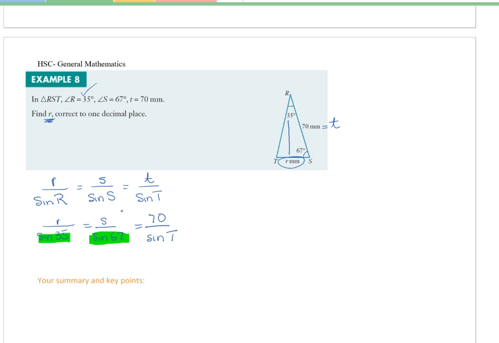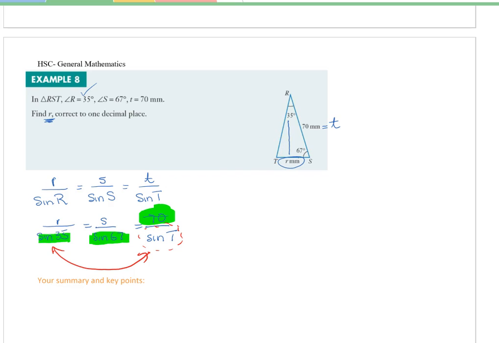Is there any way that we could get this one? Because if I knew this, I could pair up the R and the T. I could pair up these two, and I would, if I knew the size of the angle T. Well, actually, yes, that's not a difficult question to get the angle for T.